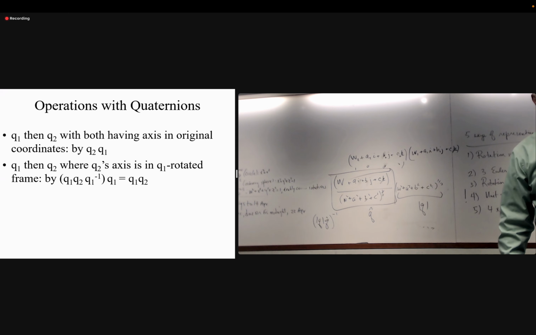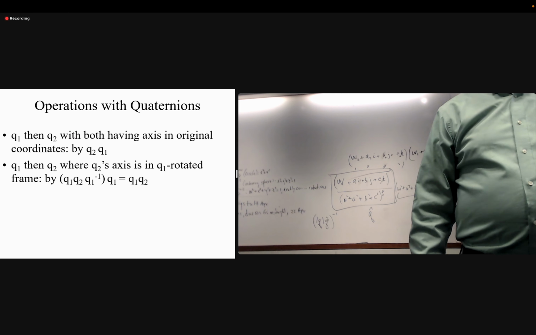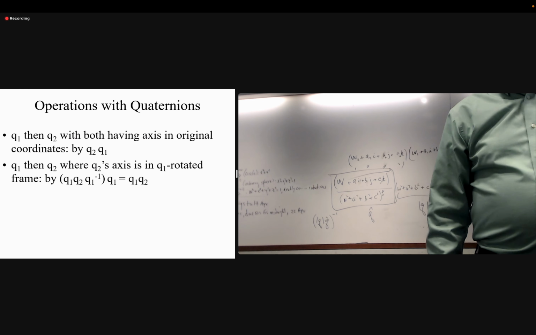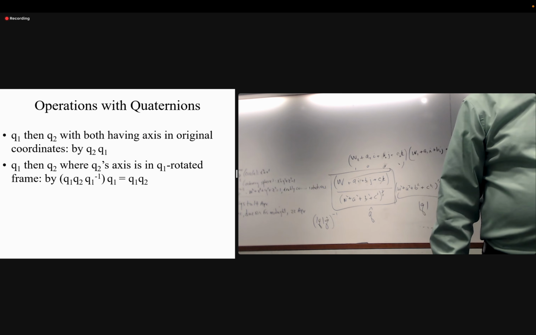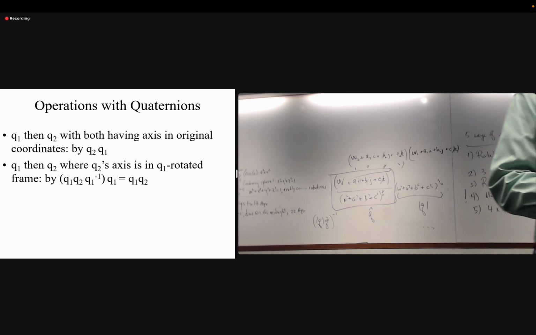So the first thing we want to talk about for rotations is composition of 2 rotations. So we know that if we have an axis and we rotate by theta 1 around that axis, and then we rotate by theta 2 about that same axis, we get a rotation about that axis by theta 1 plus theta 2.